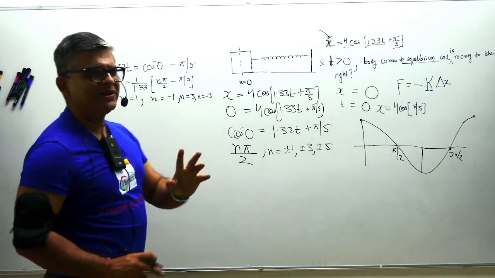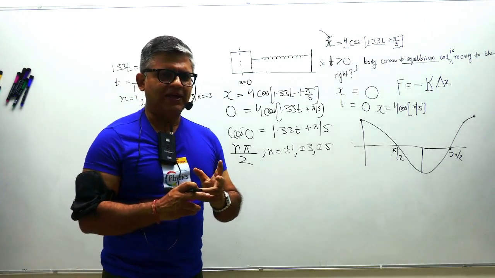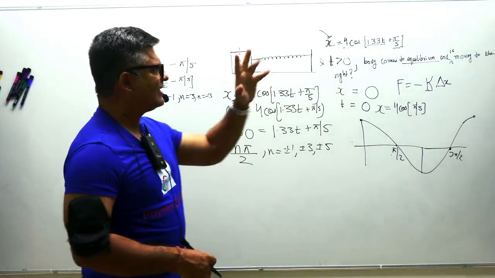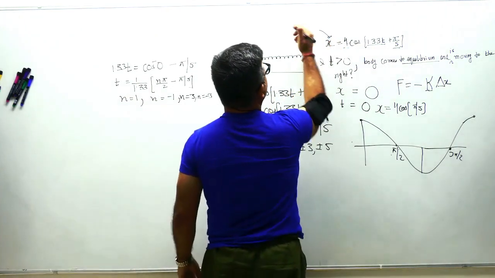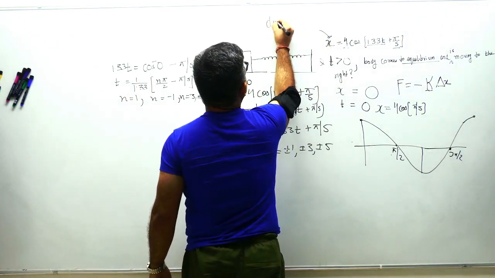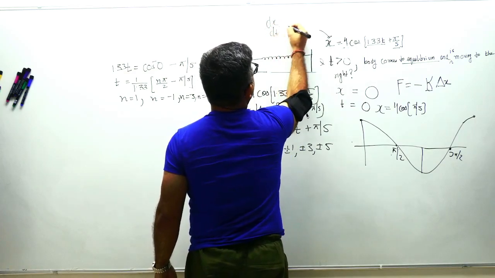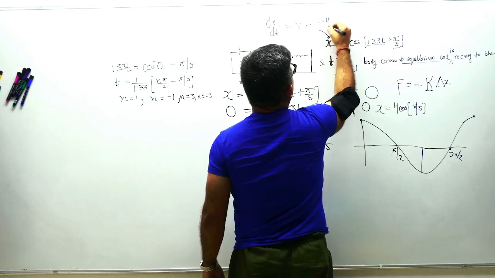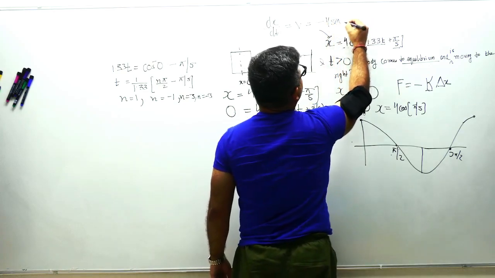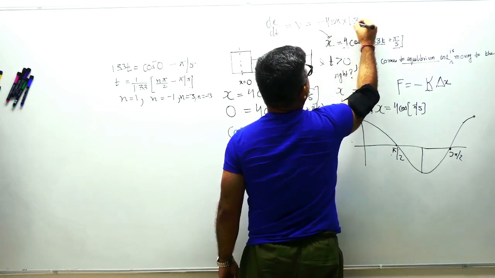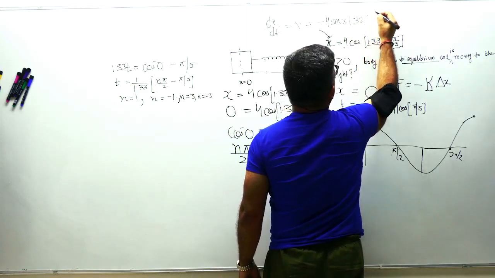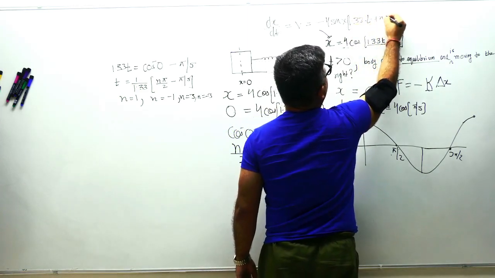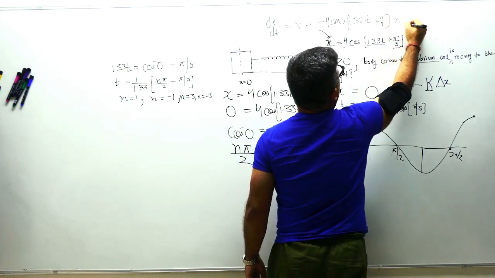How do we know that the body is in equilibrium and is going rightward? Let's take a derivative of this. So the derivative is dx by dt is equal to v is equal to minus 4 sine of 1.33t plus pi by 5, into 1.33.